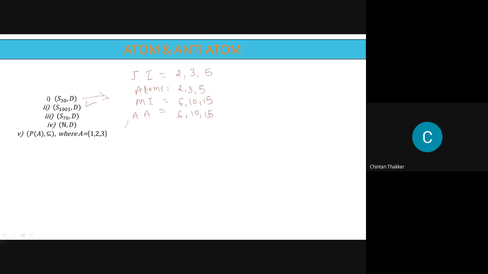So, first draw the Hasse diagram and write the join irreducible, meet irreducible, and atoms and anti-atoms.